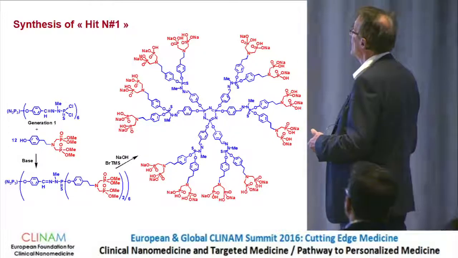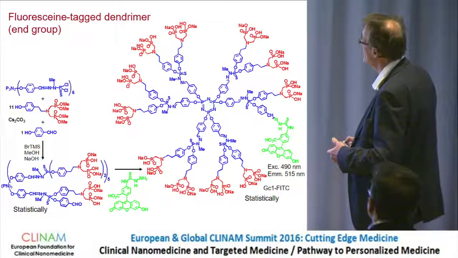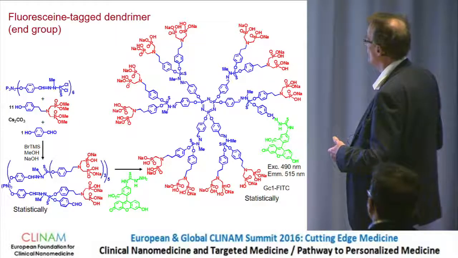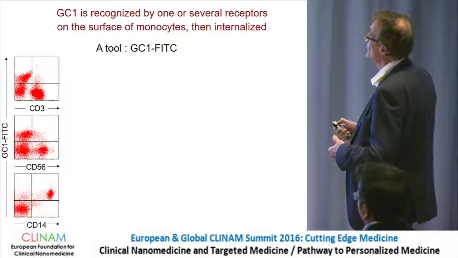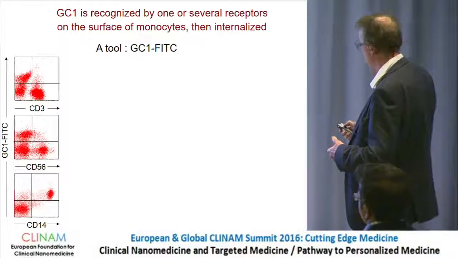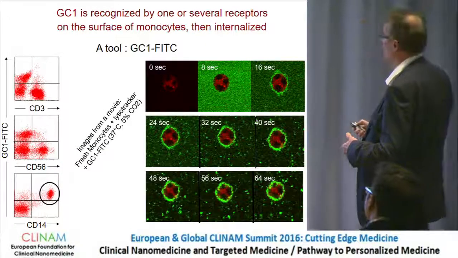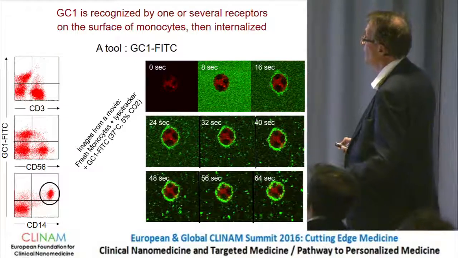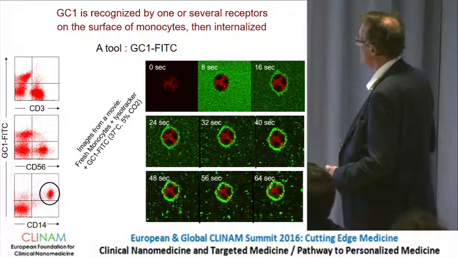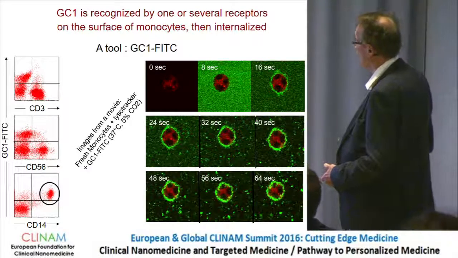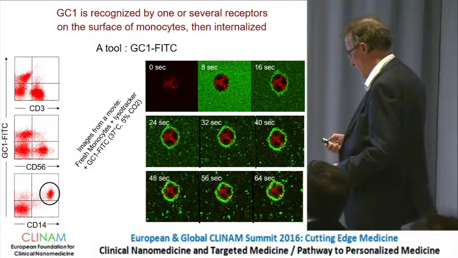But now, just grafting a fluorescent group such as fluorescein on the same dendrimer, we were able to show that the dendrimer is recognized by one of several receptors on the surface of monocytes. As you can see here, we have the monocyte in red, the dendrimer solution in green, and after 60 seconds, we start to have internalization of the dendrimer into the monocytes.